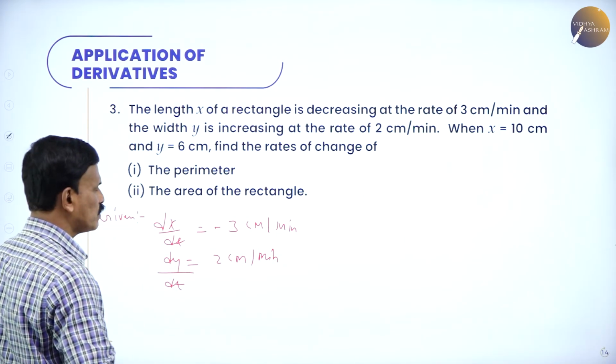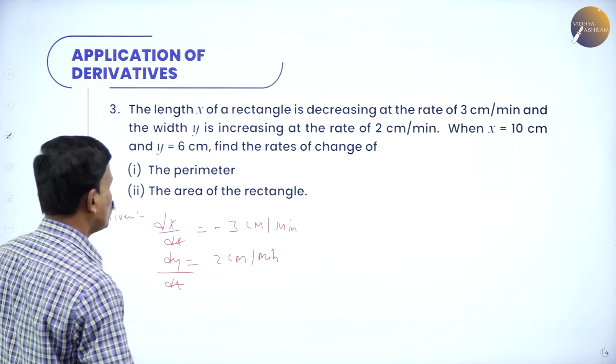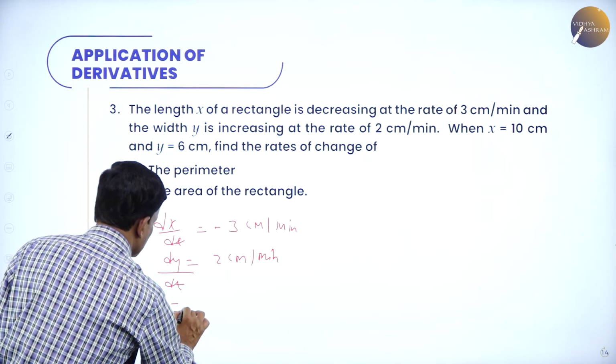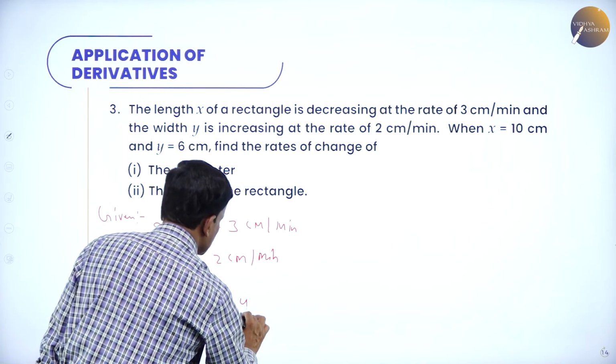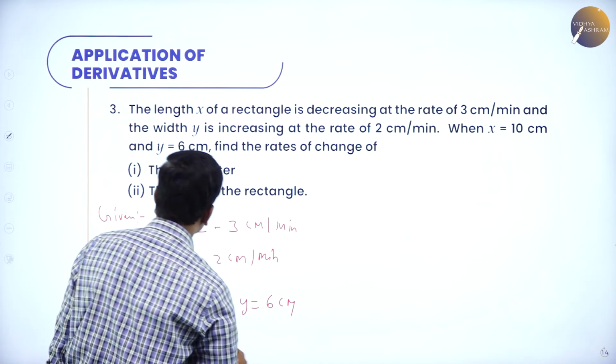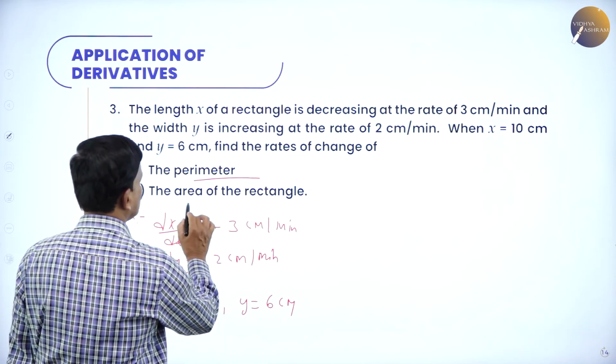When x is equal to 10 centimeters and y is equal to 6 centimeters, what is required to find is the perimeter and the area.